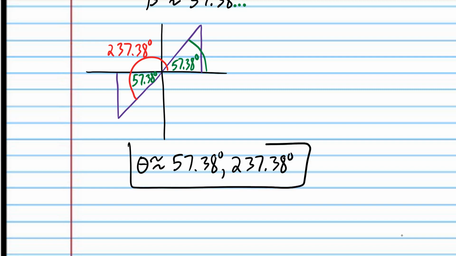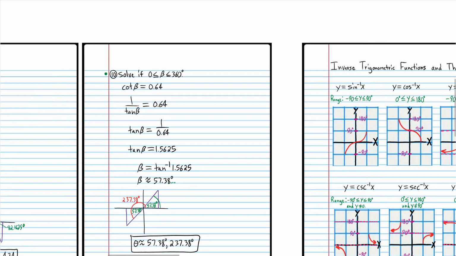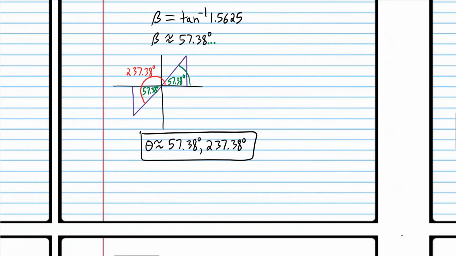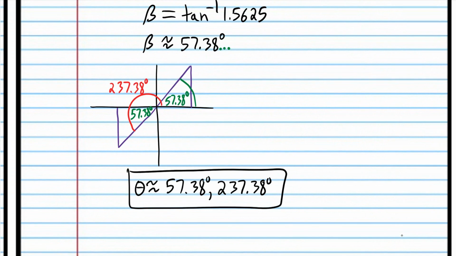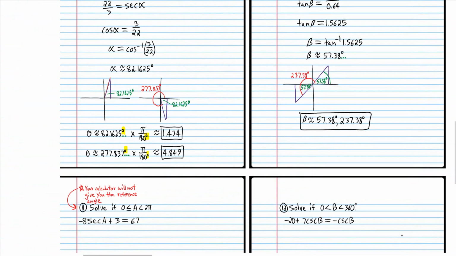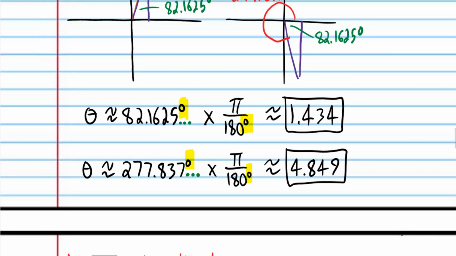And again, these problems are only asking us to find beta between 0 and 360, and that reminds me that it's not theta, it's beta. So I have to be careful about that. We're looking for beta. Looks like I made the same mistake in the previous problem. That's not theta, that's alpha. Sorry about that.